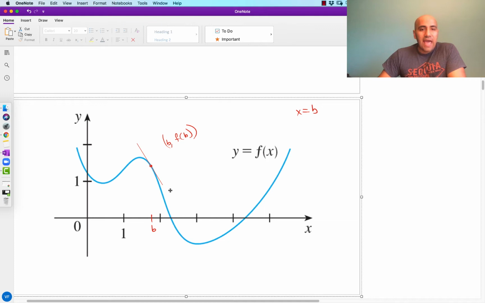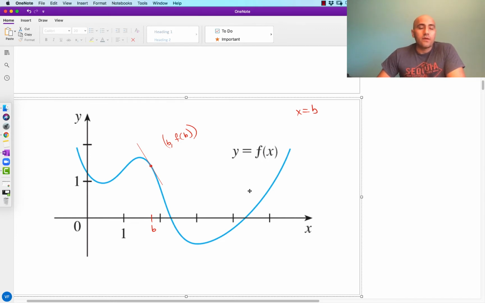Now, since I don't have the actual equation, I don't know what that number is, so we won't be able to come up with the exact numbers, and we won't be able to come up with the exact graph. But even if we don't have the exact equation, we can still tell a little something about our graph.